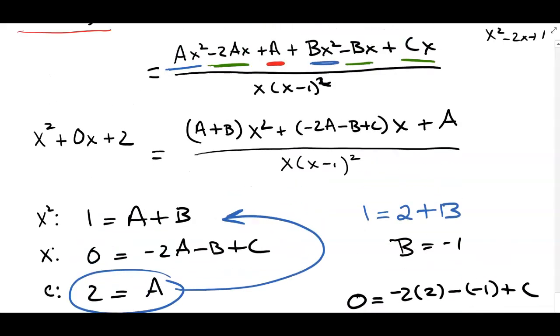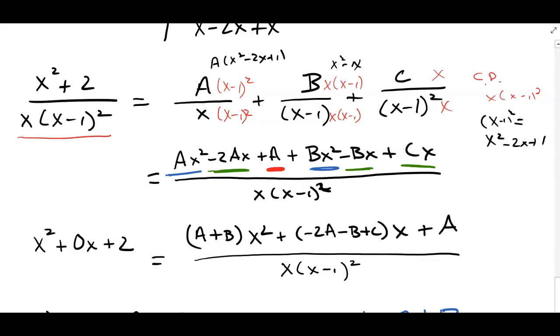I can now go plug that back into my integral by using, whoops, that's not what I wanted to do. Hold on. Doesn't want to cooperate with me right now. There we go. By using this one and this one. All right, so what's that going to give me?